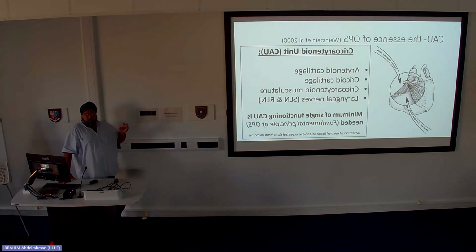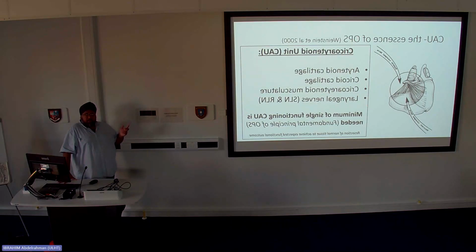What's a cricothyroid unit? That's one arytenoid cartilage, the cricoid cartilage itself, the cricothyroid musculature which moves that side, and a functioning set of nerves in both the recurrent and the superior laryngeal nerve to move that across. So you can take one side out, you certainly can't get away with taking both.